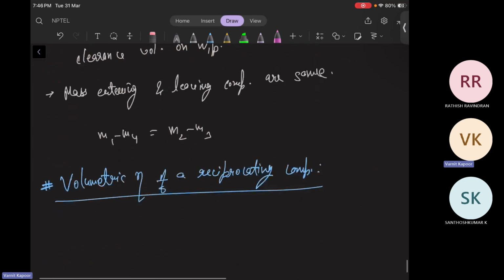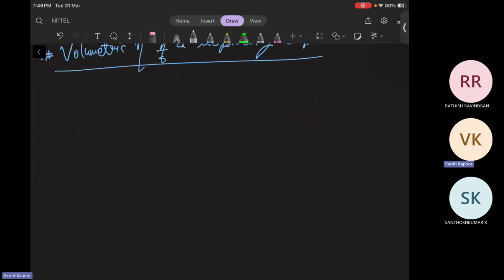Theoretical, VTH. Actual was 1 to 4. So it is defined as the ratio of actual volume at entry of compressor to that of theoretical swept volume.